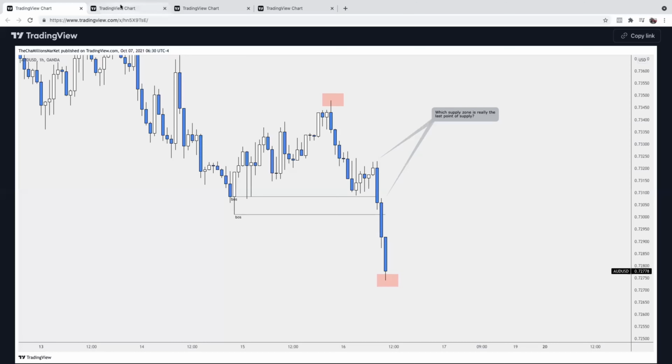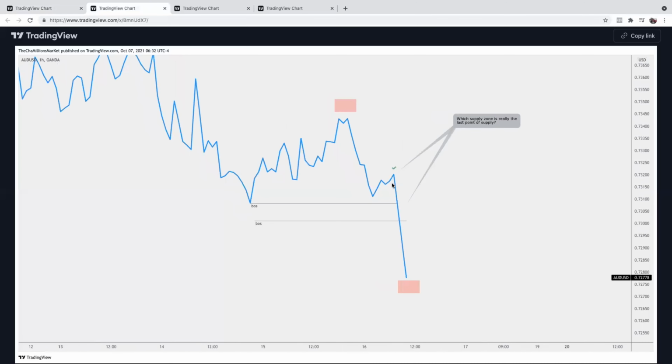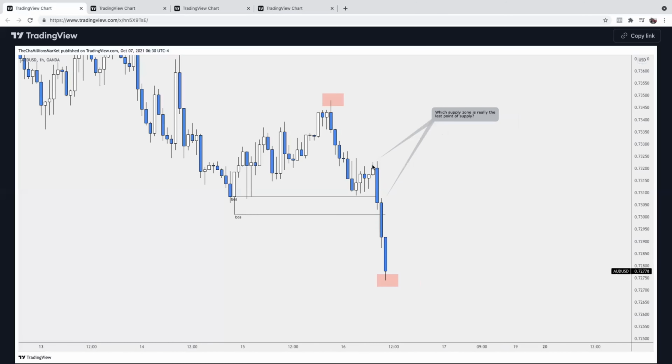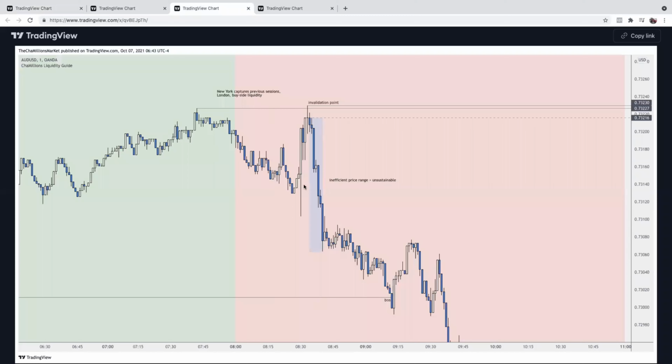So we'll just keep moving on from here. We've solidified the last point of supply is here. Now I'm going to zoom into this zone, this engulfing candle right here. When I zoom into that zone on the 1 minute, the very first thing I can see is that we have an inefficient price range, which is unsustainable, one of the key things I love to see in supply or demand zones. In this case, it was on the move out.